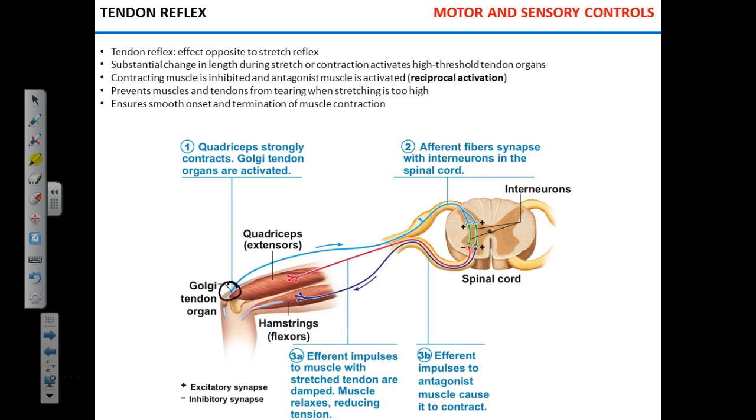The tendon organ is located in the muscle tendon, and when the muscle is substantially stretched, it has a higher activation level, higher activation threshold. When the muscle is stretched a lot, the signal goes to the spinal cord. Does that make sense so far? Nothing changes. Okay?